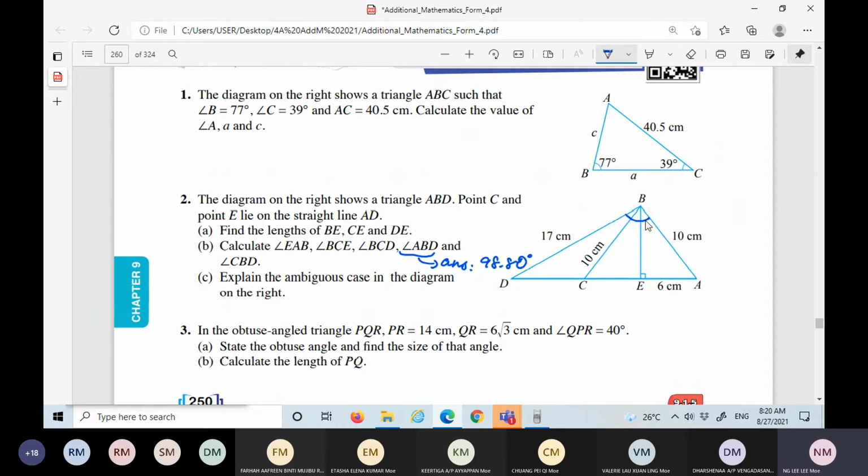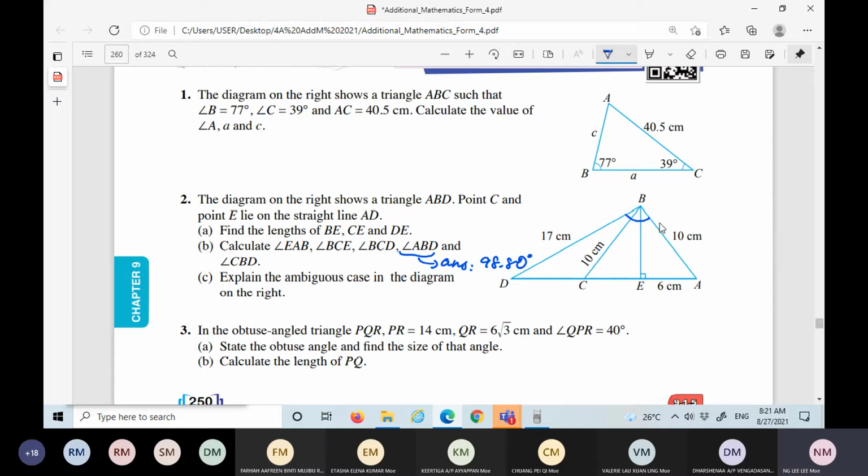If you look at the diagram, it can be acute, it can be obtuse. So this is quite dangerous, you don't know which one is the correct one. For those who solve the problem using the sine rule, it is very difficult to determine whether it is acute or obtuse. The correct answer, 98.8, is the obtuse one.